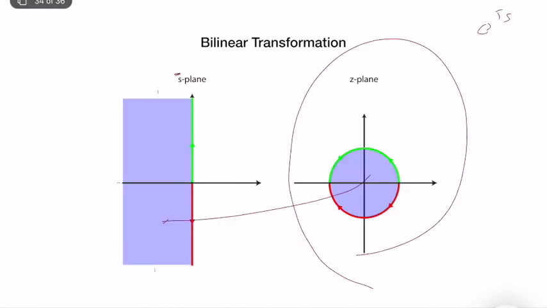Okay, so if you map a Z-domain expression where all of your poles are inside the unit circle, they will map to the open left half plane. If you have an unstable pole, it will map to the right half plane. If you map a pole on the unit circle, it will map to the imaginary axis.